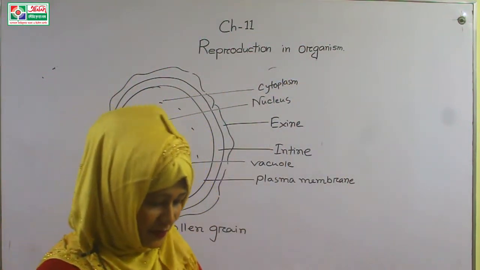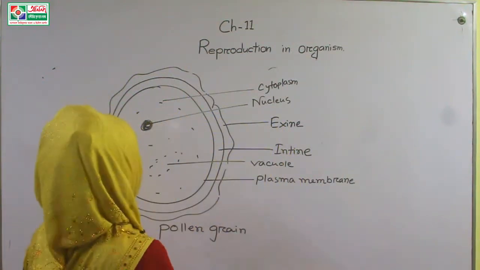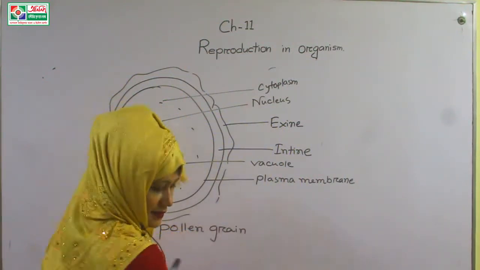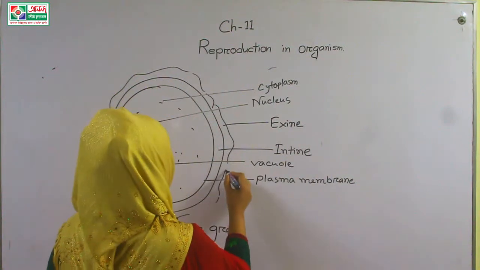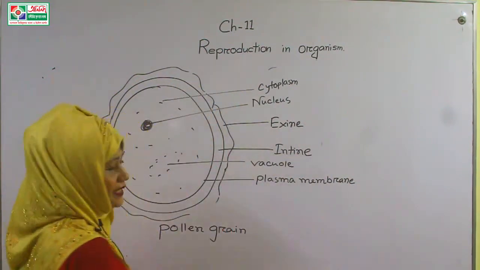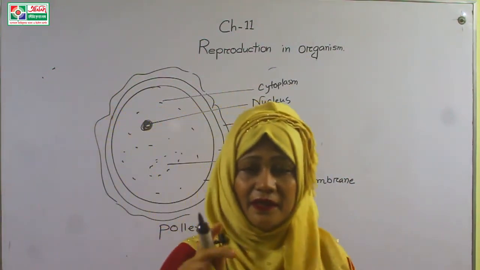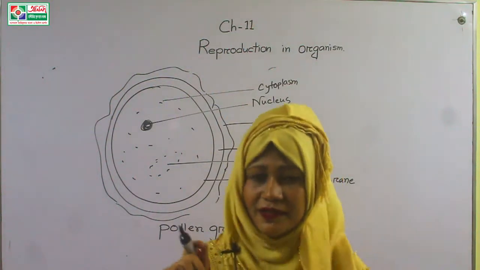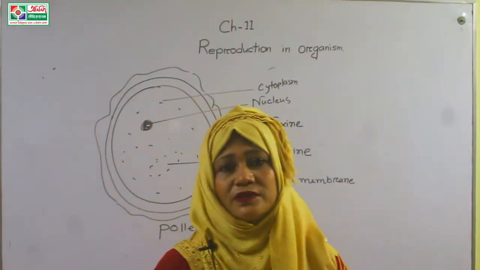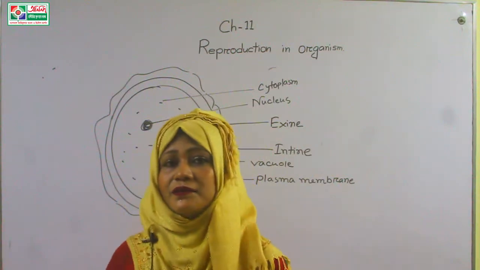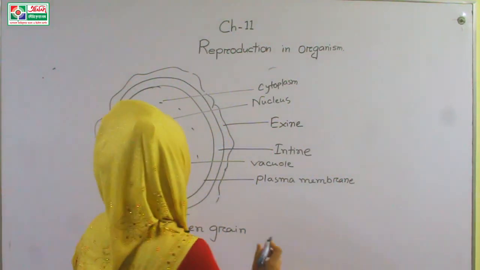Now, another important structure. In the outer layer, or exine, there are some pores throughout the exine. These pores are known as germ pores.